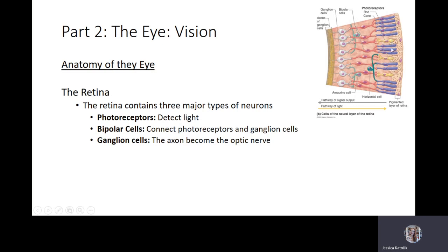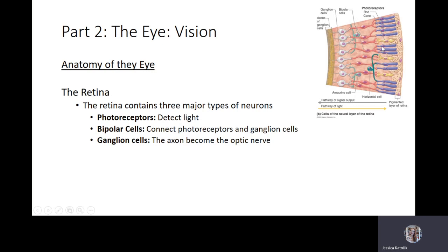Photoreceptors have special proteins associated with vitamins, specifically vitamin A. These vitamins are capable of interacting with light and changing their structure. When light hits them and they change their structure, the photoreceptors become activated, and they will communicate with other neurons within the retina.